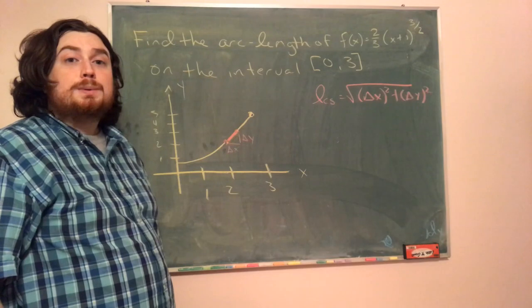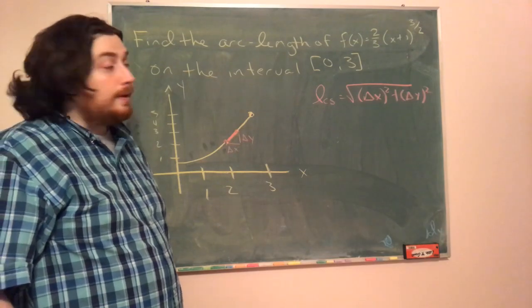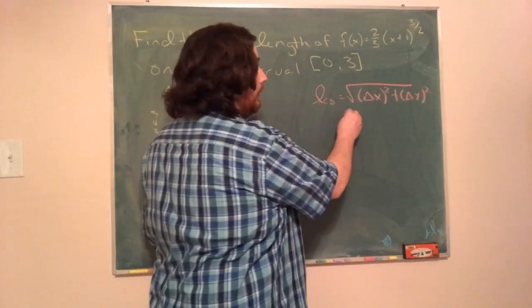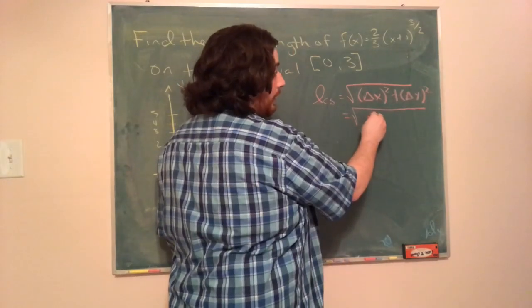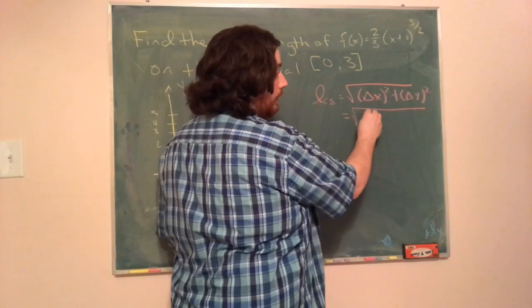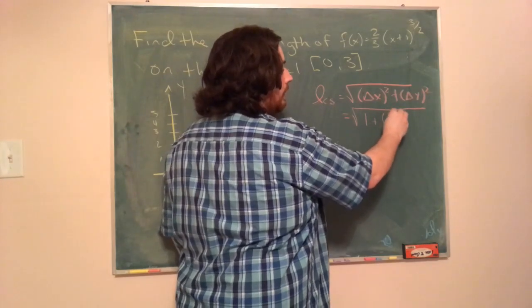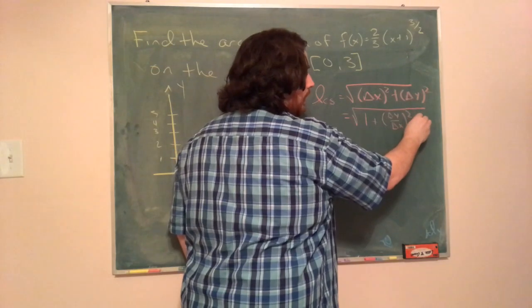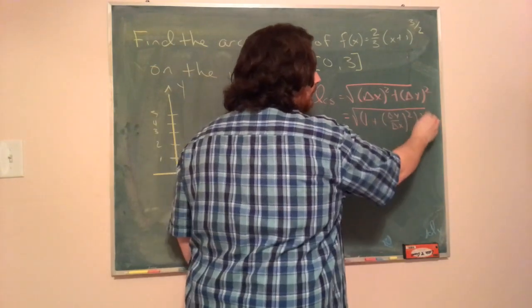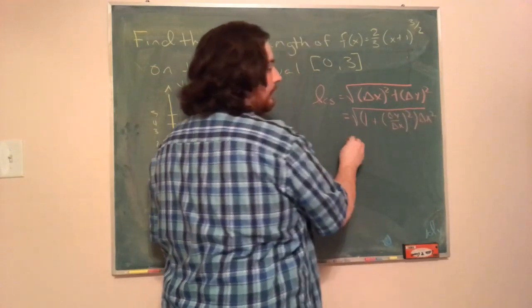Now, to help us with some calculations, we're going to simplify this. On the inside, I'm going to divide and multiply by delta x squared. So I get 1 plus (delta y over delta x) squared, this whole thing times delta x squared.